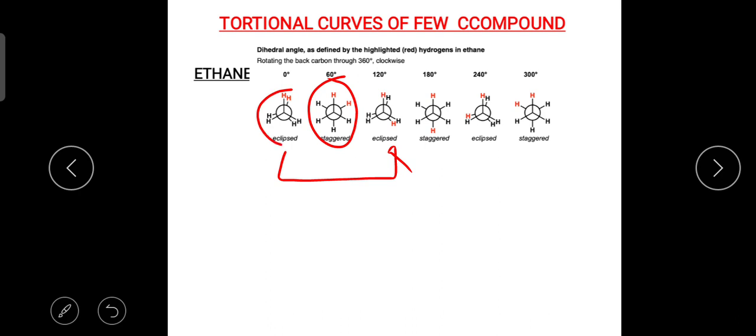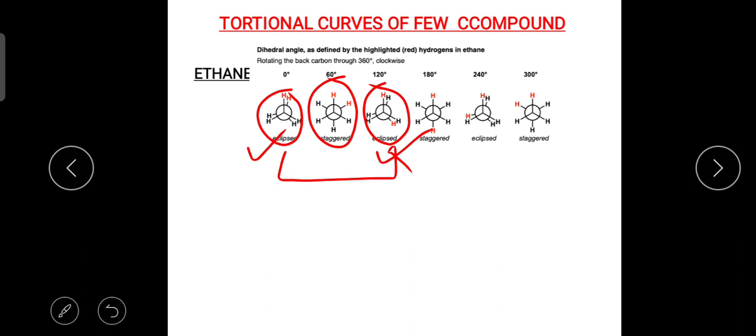You see, these structures and these structures are the same. If we rotate the front carbon or back carbon by 120 degrees clockwise, we get this structure from this structure.